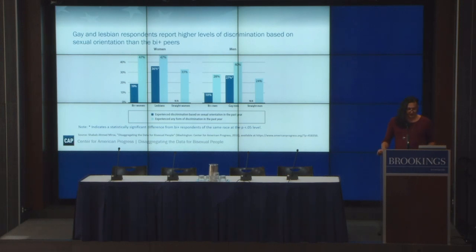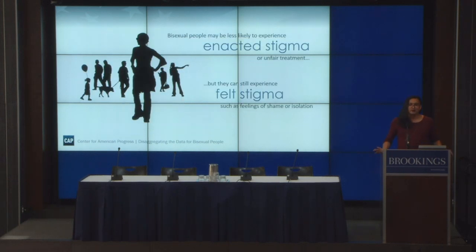Now, that is something that was really interesting, and we consulted with some experts who've been doing bisexual advocacy for years, and they pointed out a very interesting idea, which is that there are different kinds of stigma, right? One is the kind you can see. If you have a partner of a different gender, you might not be perceived as bisexual, so you might not have that unfair treatment that is so common for the LGBTQ community because your difference is not marked.